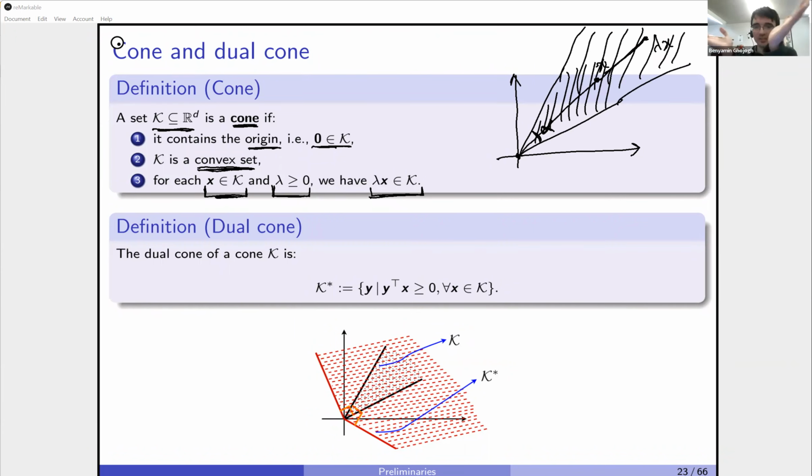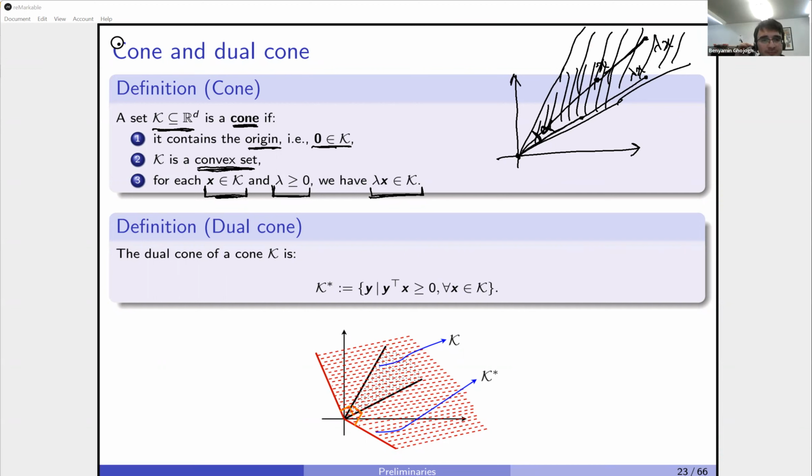Visually, you can see that it still remains in the cone. In other words, this third condition means that it goes to infinity somehow. And it is also convex. You can't find any two points in this set where the line connecting them doesn't lie within that set.